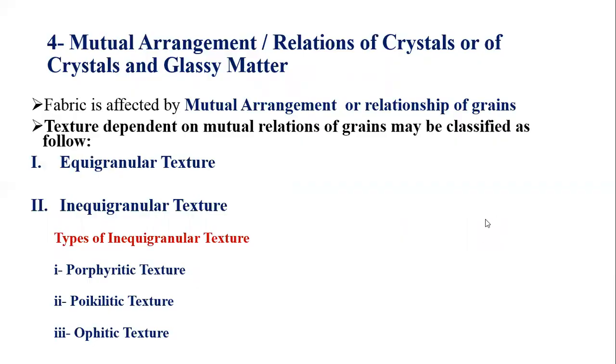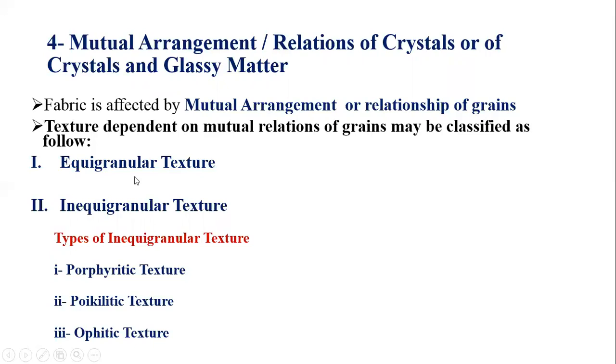Now we are going to discuss the fourth parameter that affects the texture of igneous rocks. This factor is the mutual arrangement or mutual relations of crystals and glassy matter.